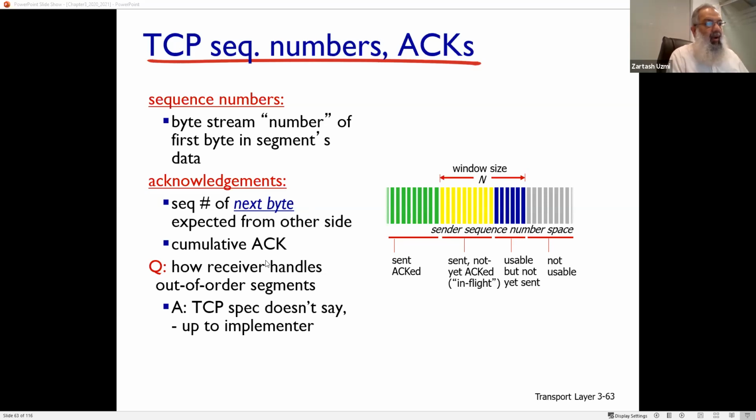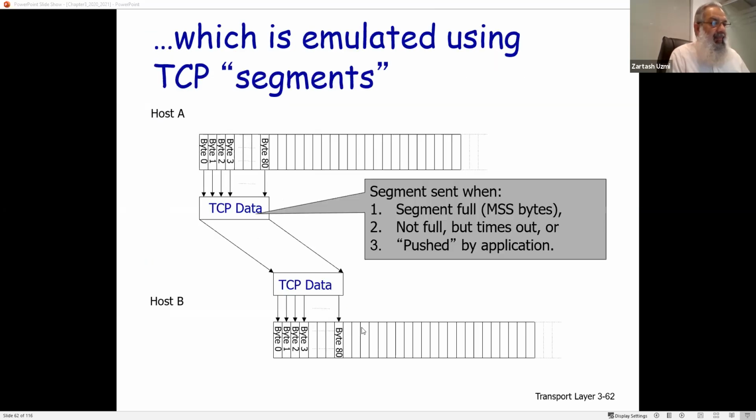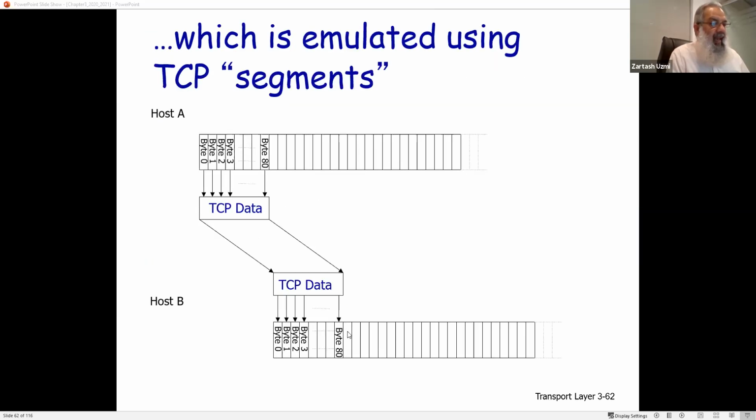ठीक है। Now, when the receiver receives a segment such that, let's say, जब इसको ये मिल गया 80, now this is expecting 81. Now suppose के 81 तो नहीं मिला, वो रास्ते में कहीं है या अभी गुम गया है, and कोई अगला segment इसको मिल गया. So let's say the next one was starting at 160 or 200 or somewhere else.